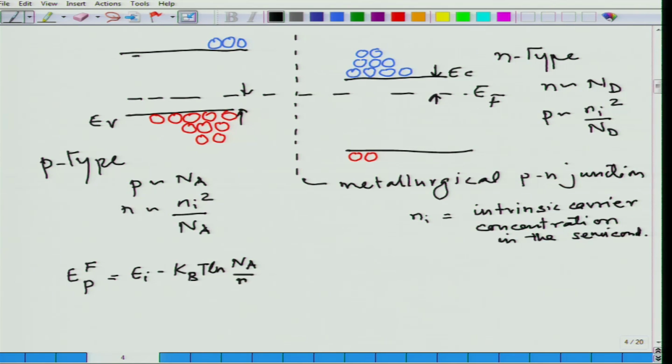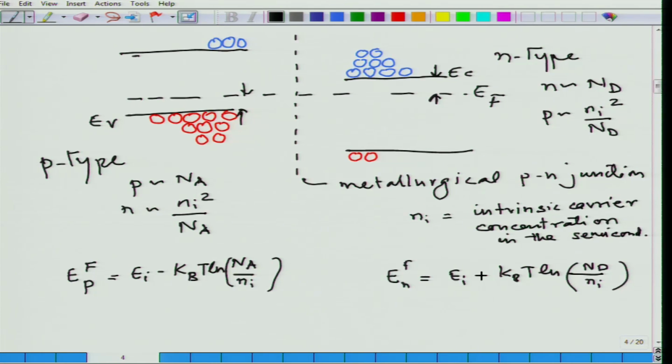Similarly, the energy level for the n type can be written with the donor concentration divided by Ni.